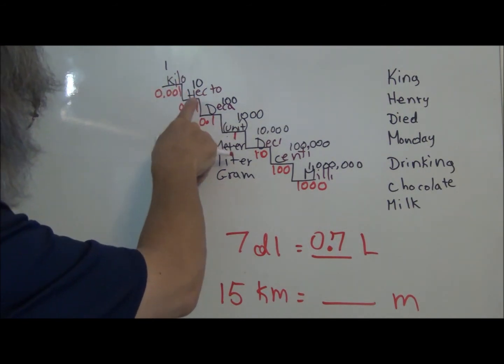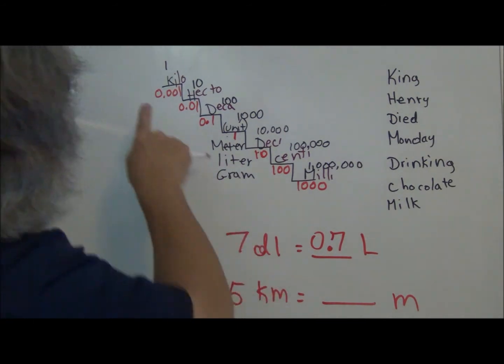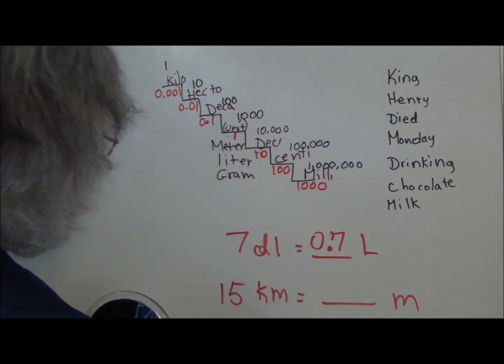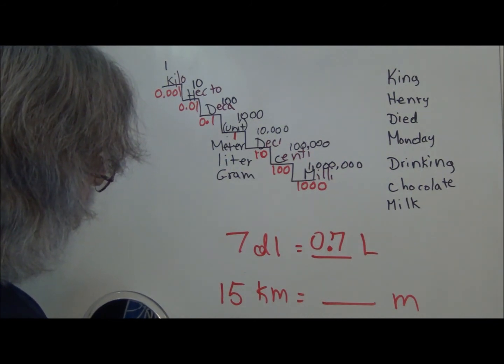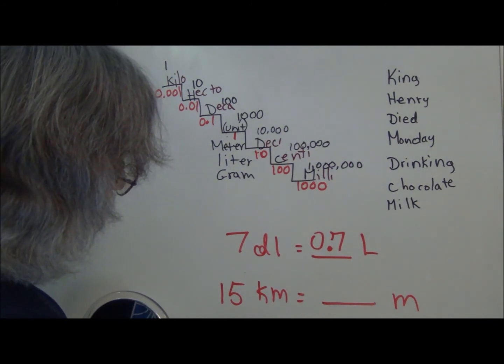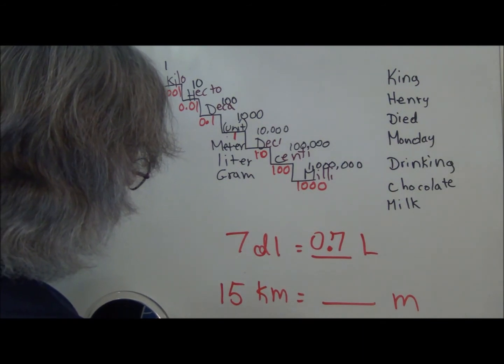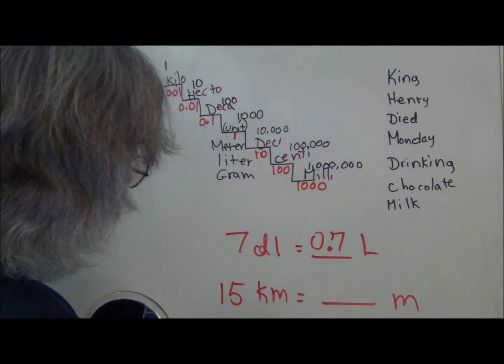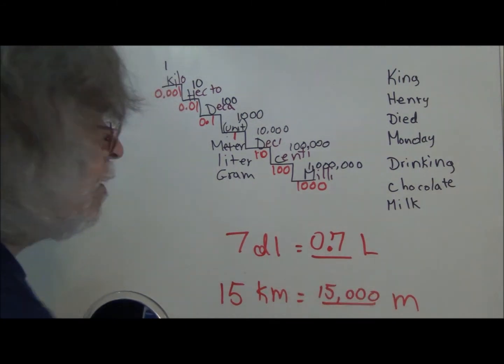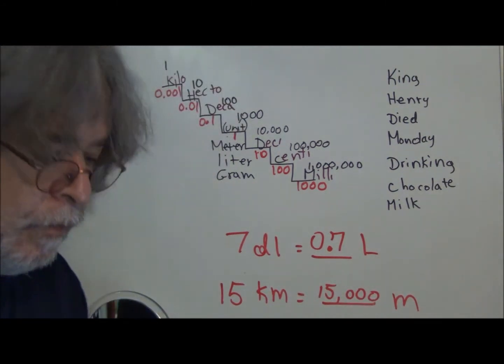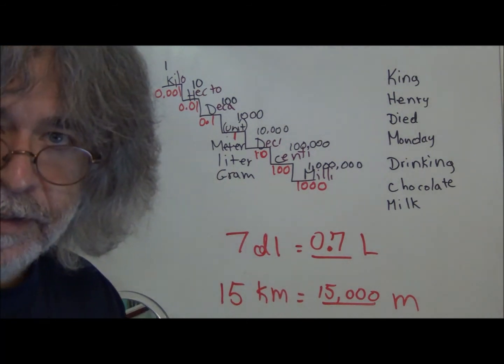So the decimal point moves over 1 place. So here we go. So we got 1, 2, 3. We're moving over 3 spaces. So if I have my invisible decimal point right there and I'm going over 3 spaces, 1, 2, 3, I have to put zeros there and a comma. So it's 15,000 meters.